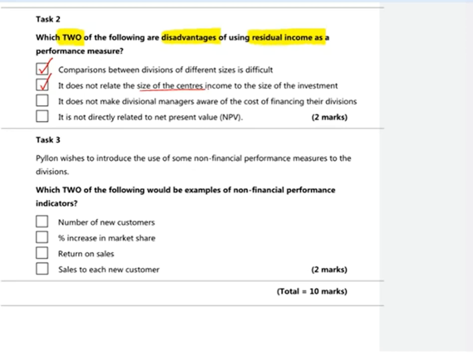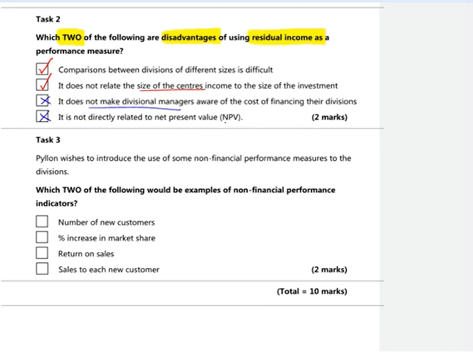The final 2 points then we know must be incorrect, but let's have a quick look at why. So it doesn't make the divisional manager aware of the cost of financing their divisions. Well, one of the main advantages of residual income is helping to keep divisional managers alert to that financing cost by requiring them to calculate an imputed value for interest.